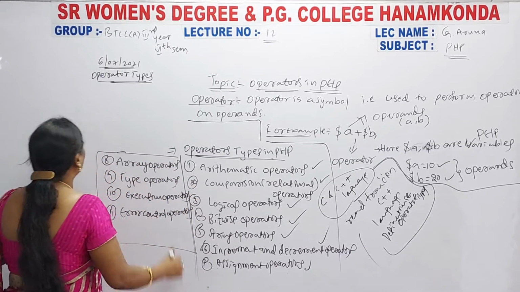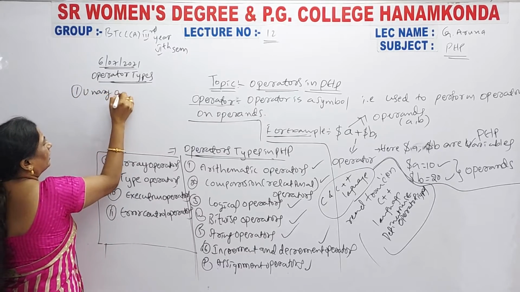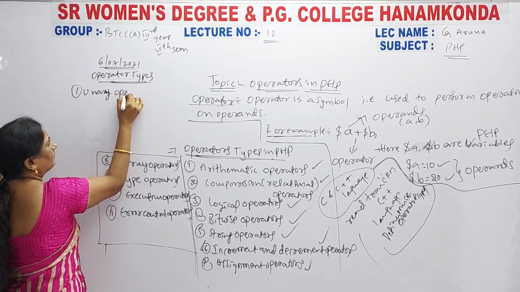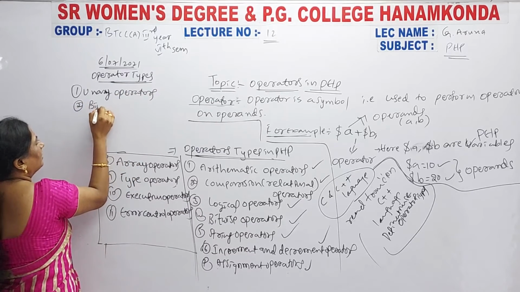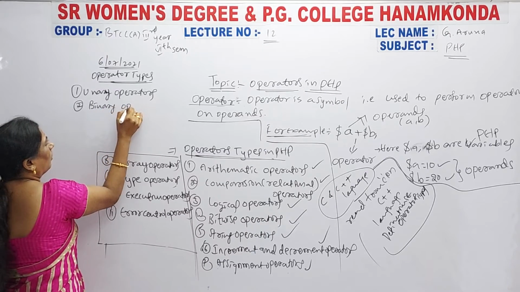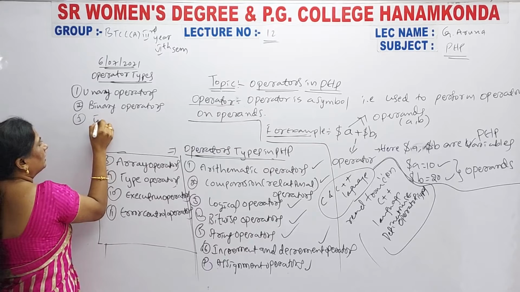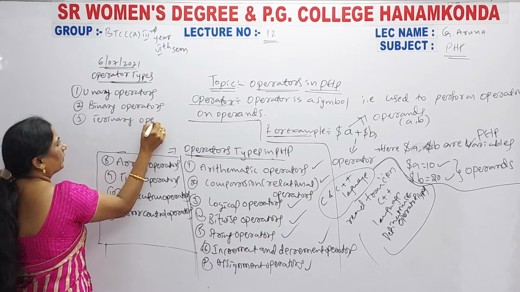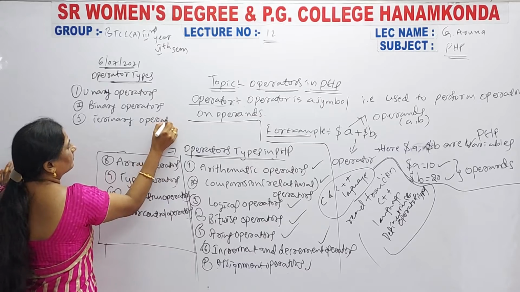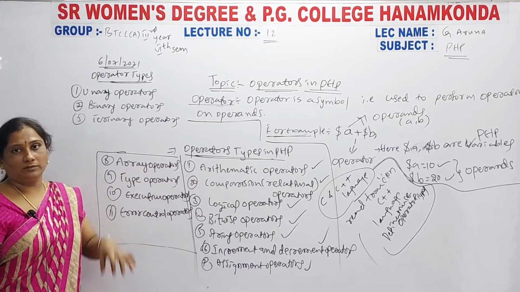First, unary operators. Second, binary operators. Third, ternary operators.